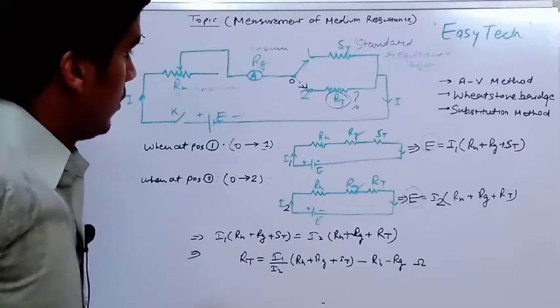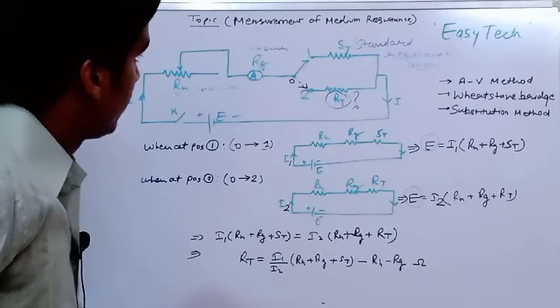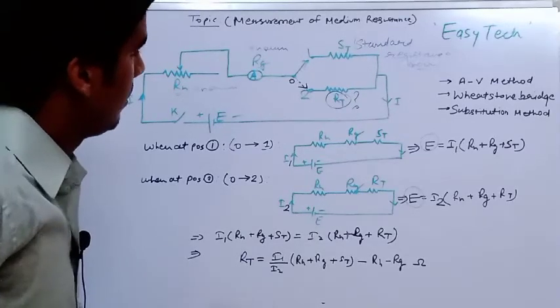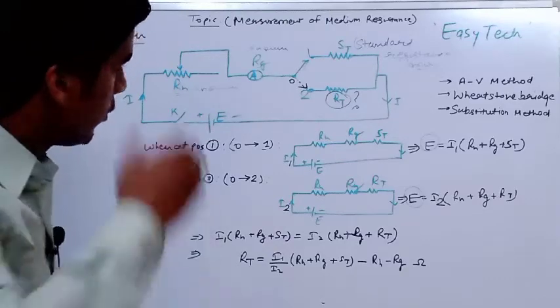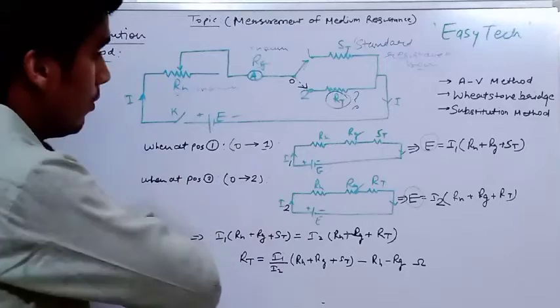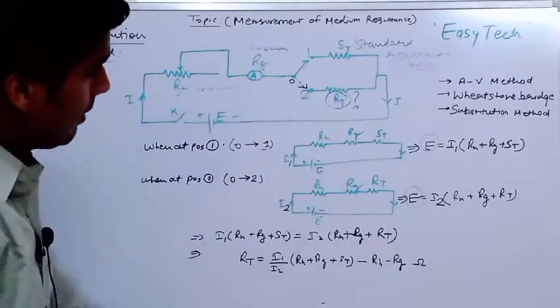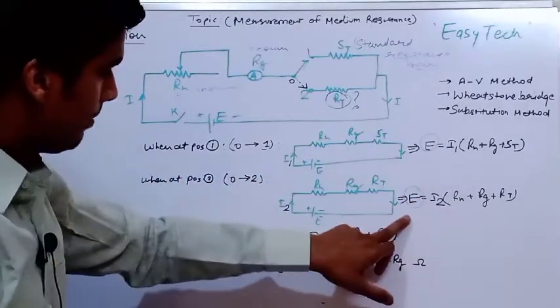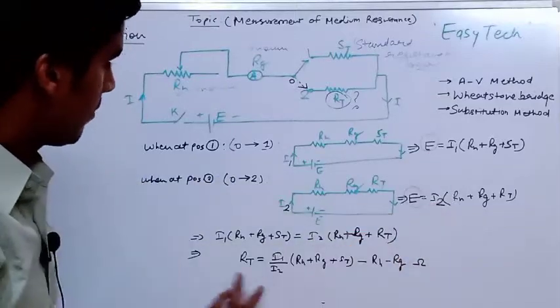Okay, so there are different cases in this method also. If you are going to change the supply voltage, if you are going to change the current value, okay, now here the current values are different, supply voltage is same, you can mention I1, I2 here, you can find out.